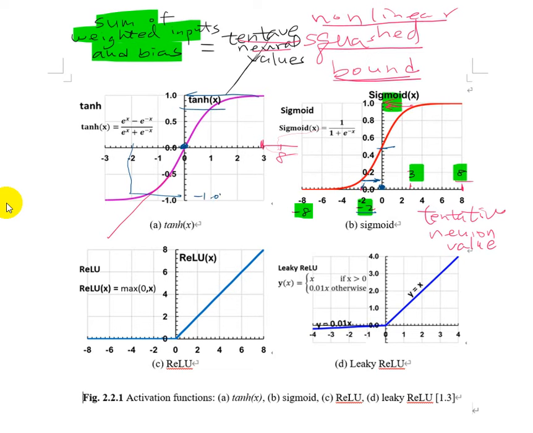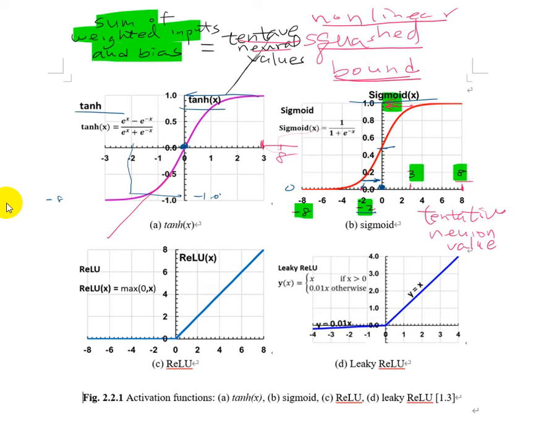If you have a big number like -8, then of course you approach 0 for sigmoid and -1 for tanh. This is what happens, but the activated value is quite different for ReLU.